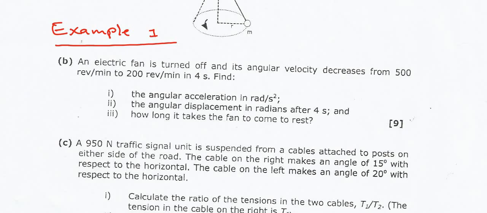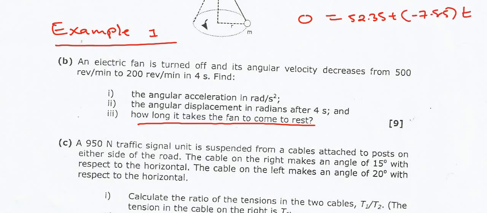So if we're looking for how long, the final velocity is 0, the initial velocity is 52.35, plus the acceleration, negative 7.85, times the time, which is what we need. So you take this side, 52.35 is equal to 7.8585 times t. Then we divide by this.